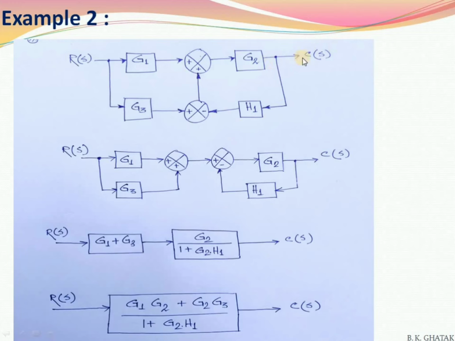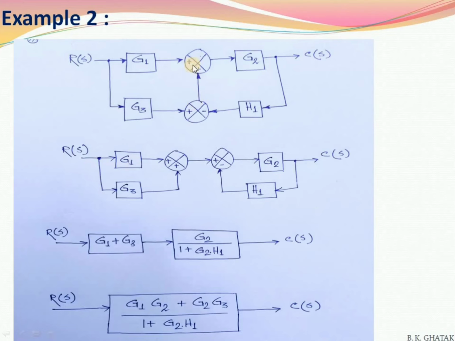And from G2 we collect the output as C(s). Now this block we have to reduce and make the transfer function. So it is easy because this summing point is shifted in here and this in previous. Clear? So then this problem can be solved easily.